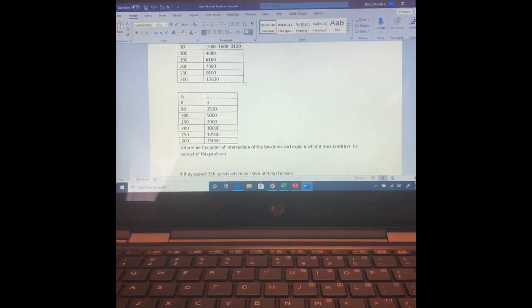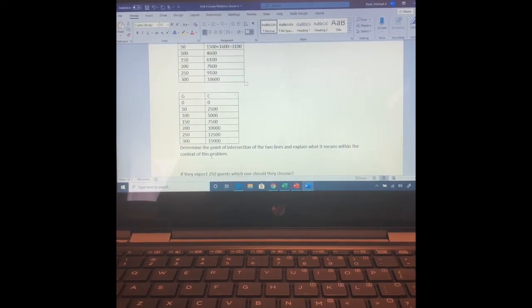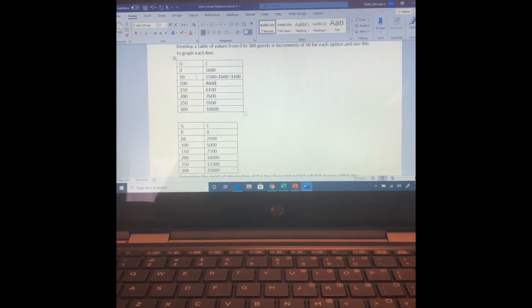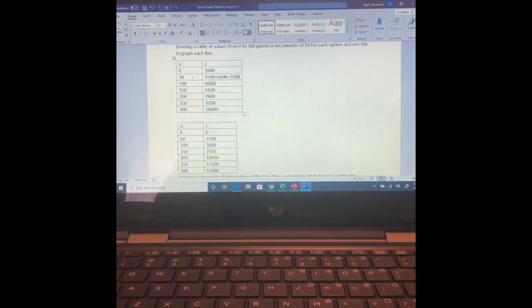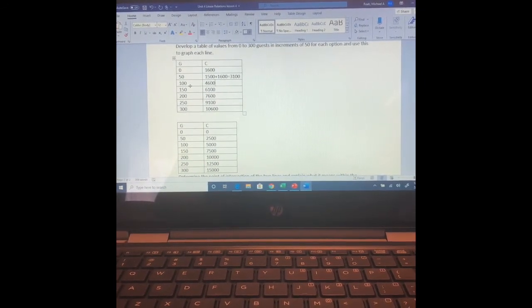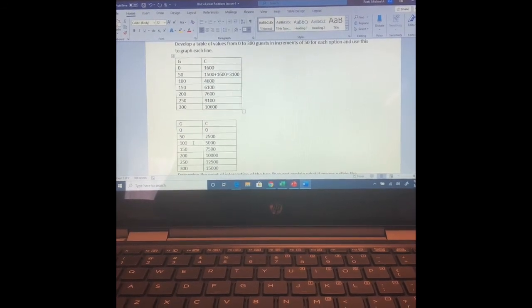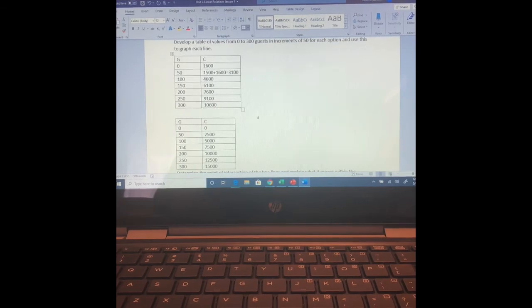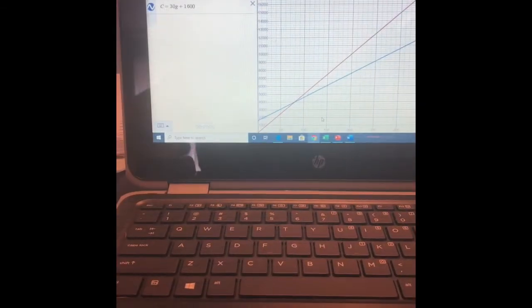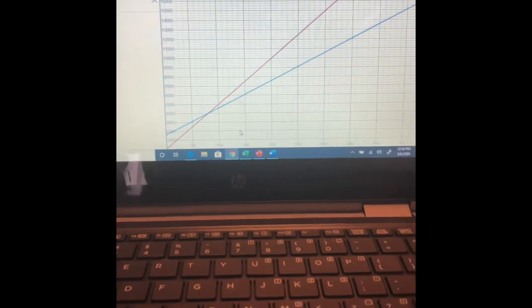Determine the point of intersection of the two lines and explain what it means within the context of this question. So again, it's somewhere between 50 and 100 that it crosses over. We need to graph it in order to improve that answer. Okay, so I've graphed C equals 50G and C equals 30G plus 1600.